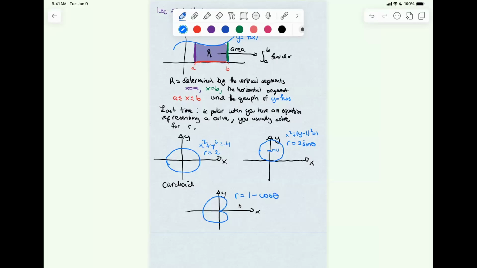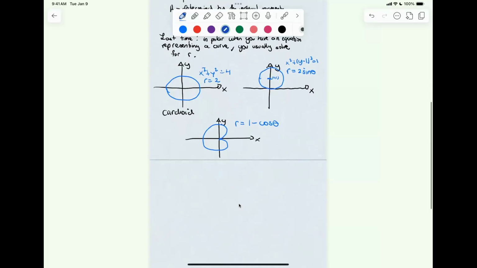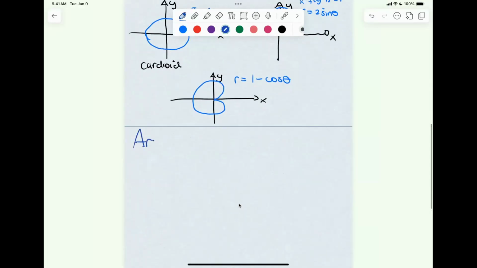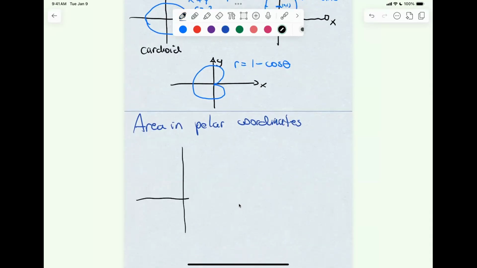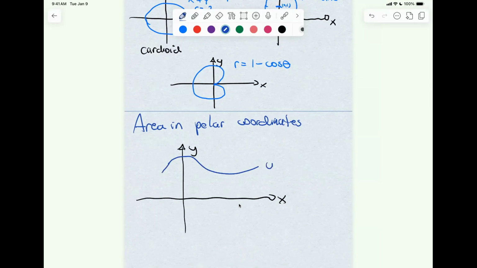So the setup we'll have in mind is that you have a curve. Let me just draw the curve like this. But think of the curve as being given in polar, so r is given as a function of theta. Okay.